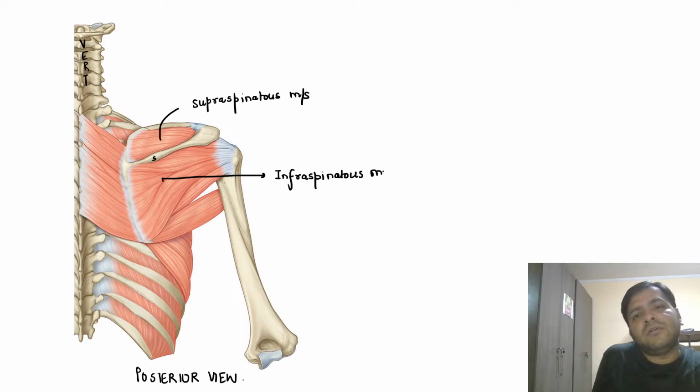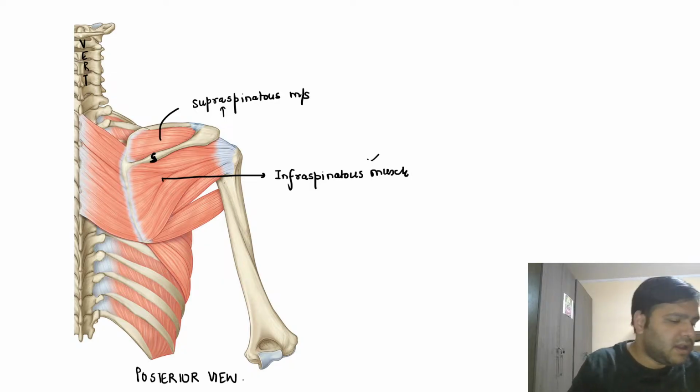So you can very well see the posterior surface is divided by which process? Spinous process into a small supraspinous part above and a big infraspinous part below. Supraspinous part contains the supraspinous fossa, which contains the supraspinatus muscle, and the infraspinous part contains the infraspinous fossa, which contains the infraspinatus muscle.